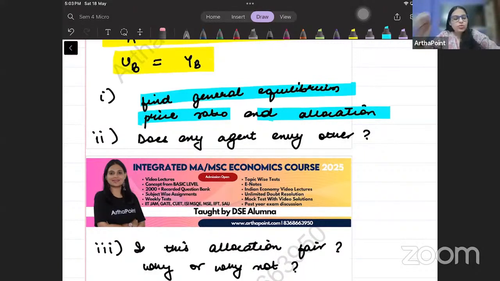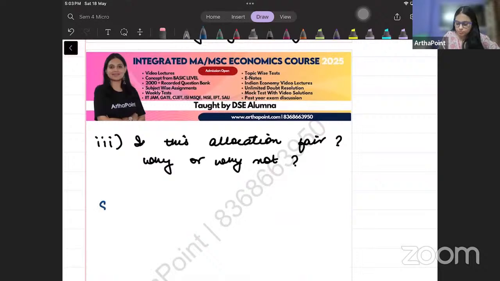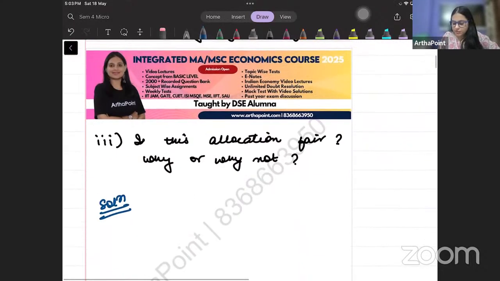Let us try to make the Edgeworth box first. Solution. Beta, the endowment of individual A is given to you as 12 units of X and 12 units of good Y, right?